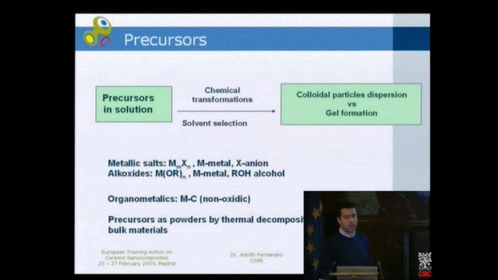But for example, if we want to prepare a non-oxide material, obviously it's necessary to use a precursor in which there is a direct bond between the metal and, for example, a carbon radical. Precursors as powders can also be used, obtained by thermal decomposition of salts or by grinding bulk material, when it is not possible to obtain these from precursors in solution.